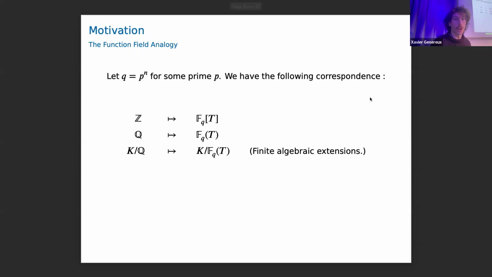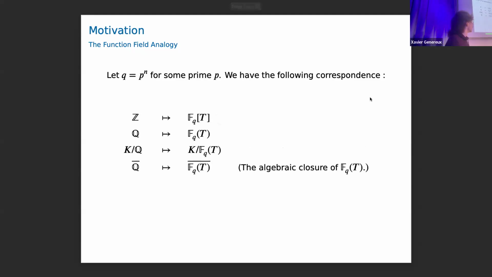Then you have finite algebraic extensions. If you don't know what that means, it's pretty much taking extensions of the rationals, adding, let's say, root 2. You can do the same thing for my field of rational functions. If you add all of these algebraic elements, you get the algebraic closure. You can do that on both sides.